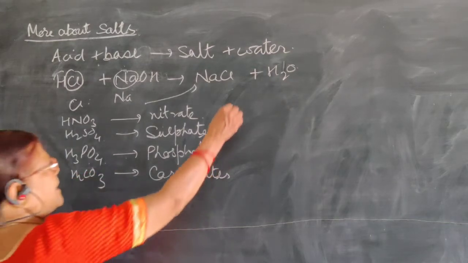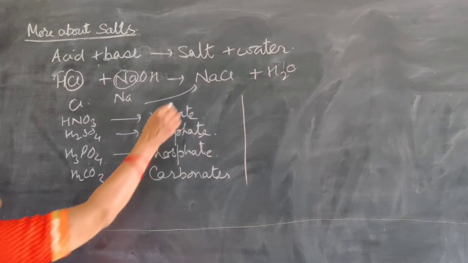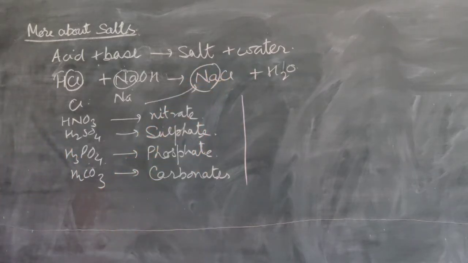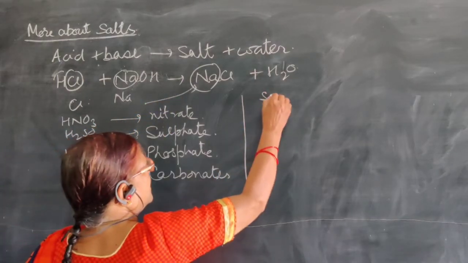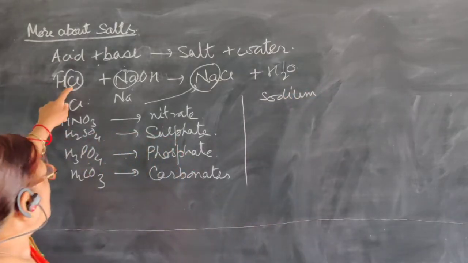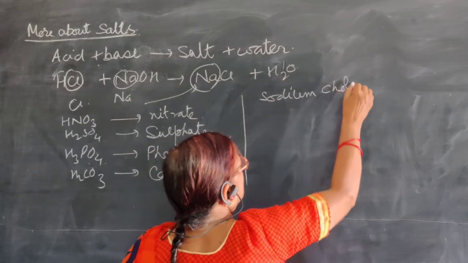And then again they can be classified into what is called a family of salts, on the basis of the positive ion or cation of the base. When we write the name of a salt, first we write the name from the base. That means if the base is sodium, first we write sodium, and then we write chloride, so it is called sodium chloride.